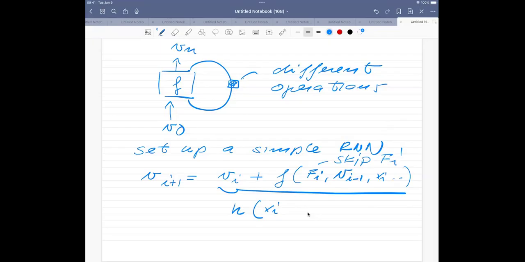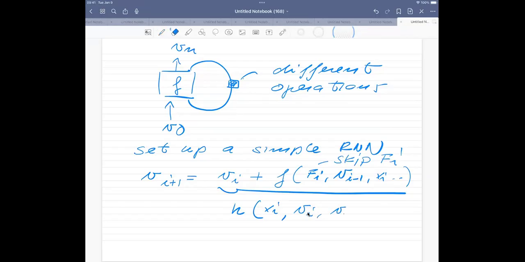In our differential equation, it is the position. But now let's just call it x as an input to the network at a given step. So it will depend on the new value, v of I, but it will also depend on the previous values. It will depend on v of I minus 1.